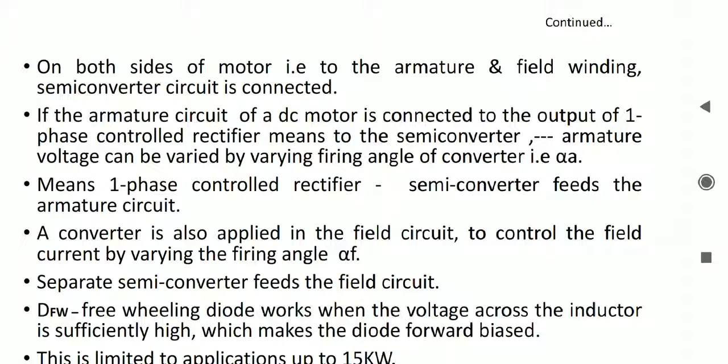If the armature circuit of a DC motor is connected to the output of a single phase controlled rectifier, that means a semi-converter, the armature voltage can be varied by varying the firing angle of the converter, that is alpha A. The same converter is also applied in the field circuit to control the field current by varying the firing angle alpha F. A separate semi-converter is there for the field circuit.